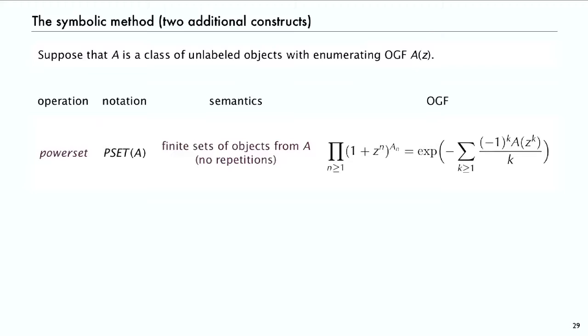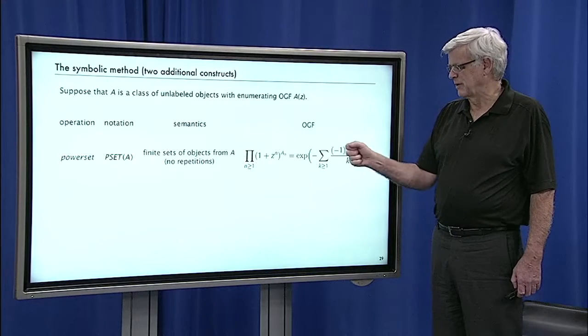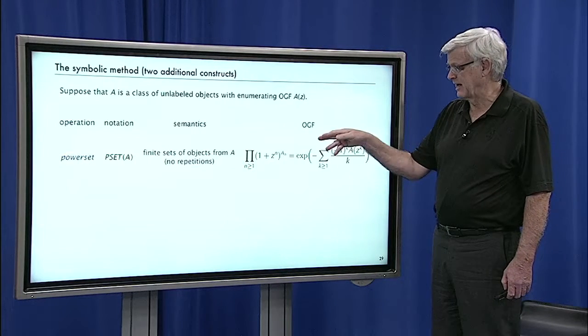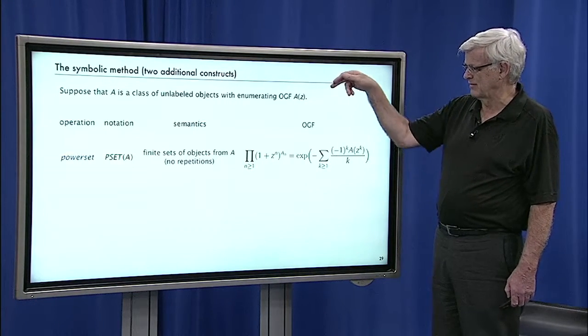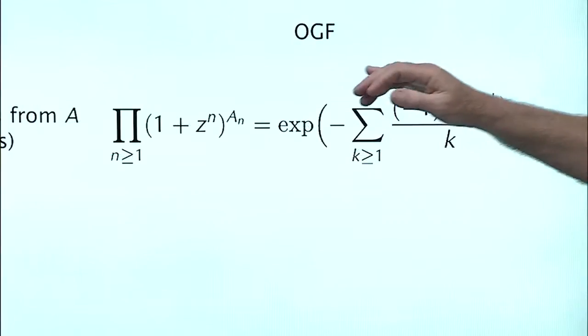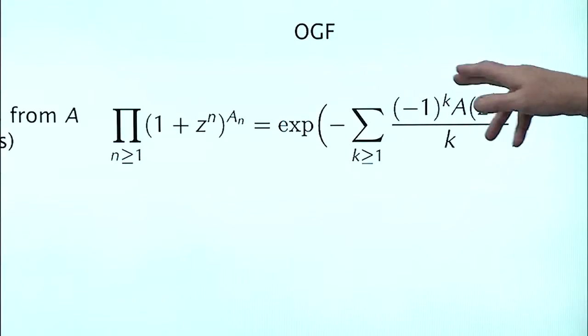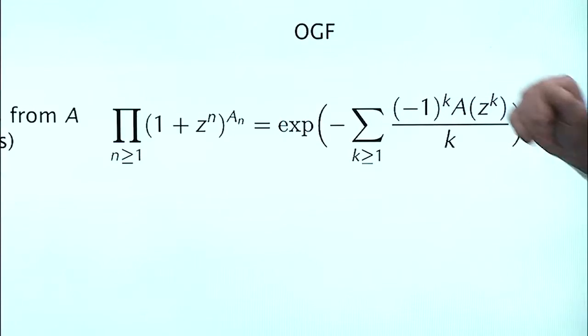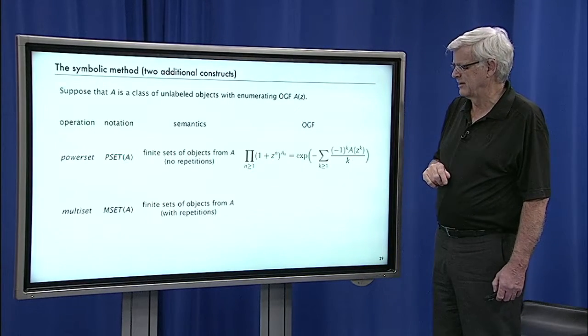And we'll look at the proof of that on the next slide. Either it's the product for n bigger than or equal to 1 of (1 plus z to the n) to the a_n power, where a_n is the number of objects of size n in the original class, or it's the exponential e to the sum for k greater than or equal to 1 of (minus 1) to the k plus 1 times A(z to the k) over k. We'll look at the proof of that, which is not difficult, on the next slide.